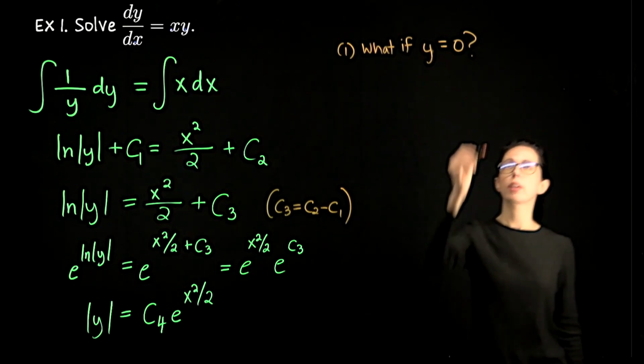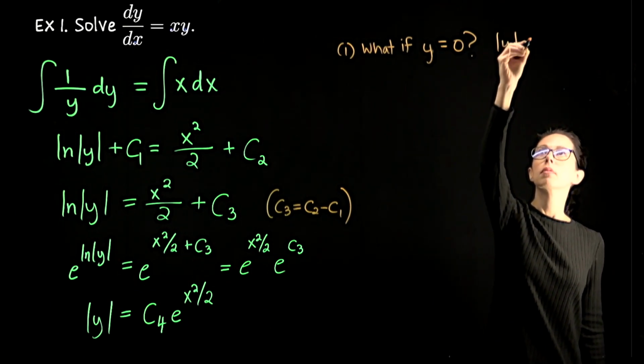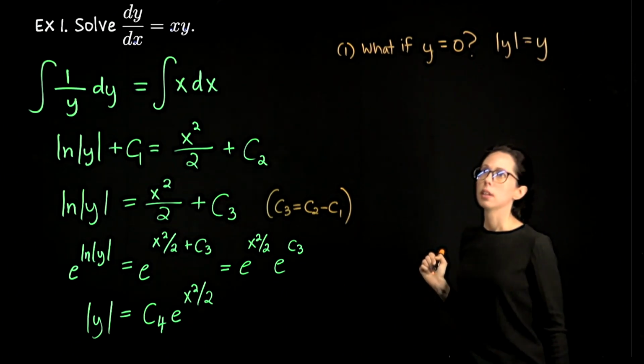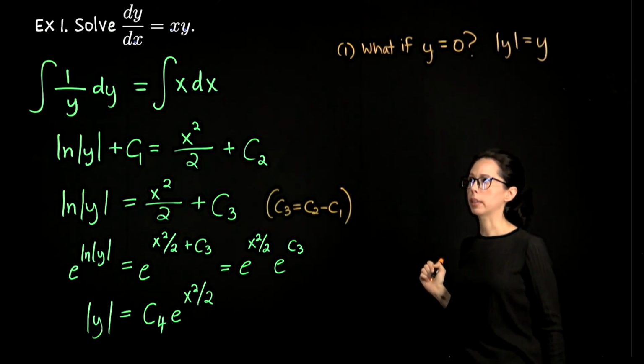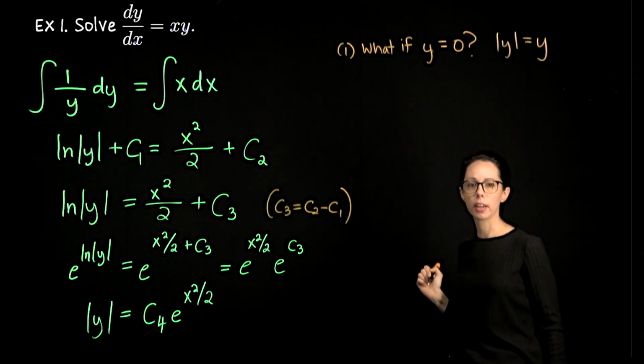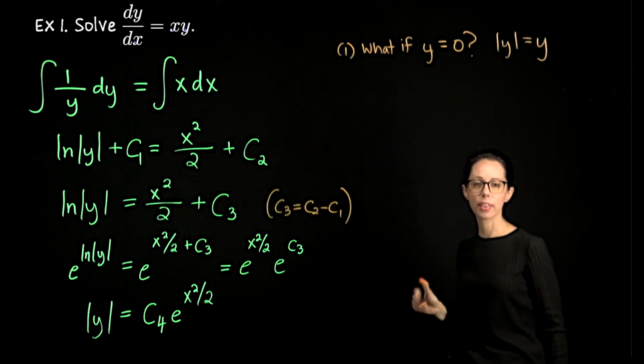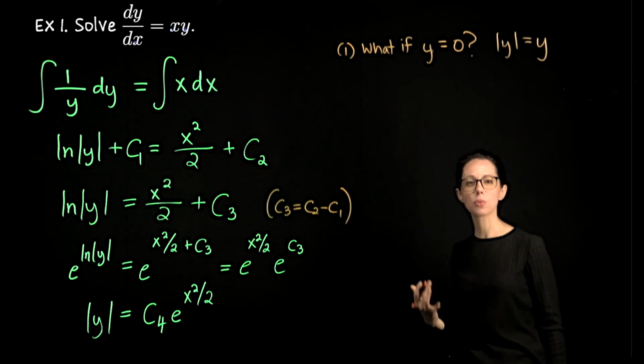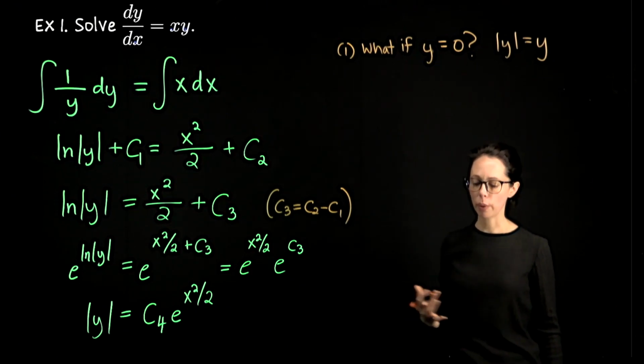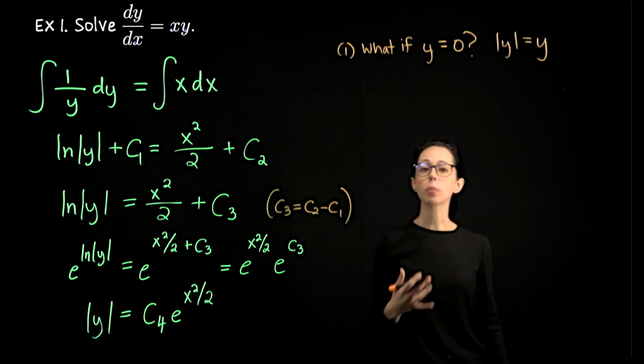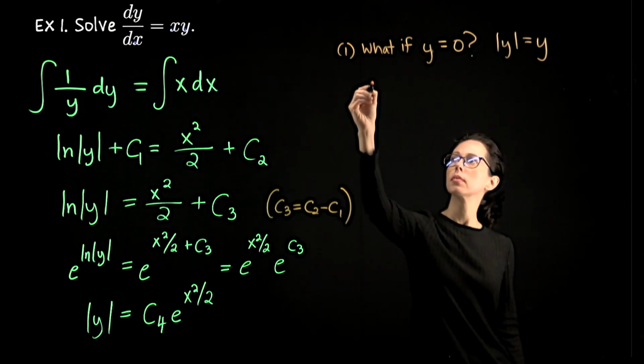Well, in that case, the absolute value of y is y. But more importantly, if I look back at my differential equation, if y is ever 0, then the derivative of y with respect to x is also 0. We are at what we think of as an equilibrium solution. y will stay 0 forever.